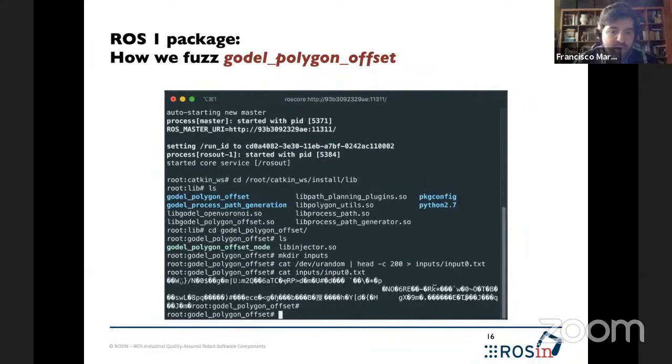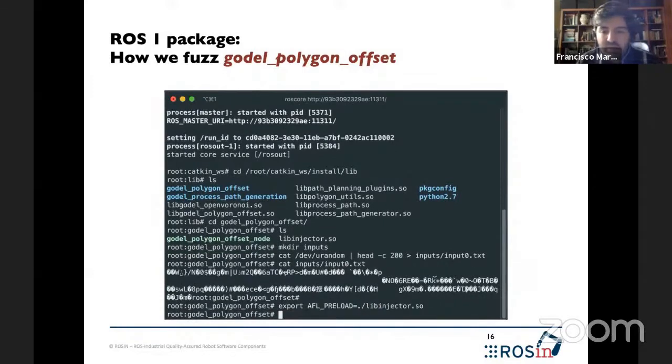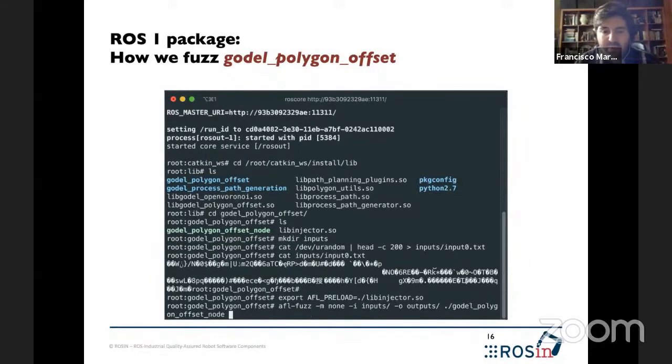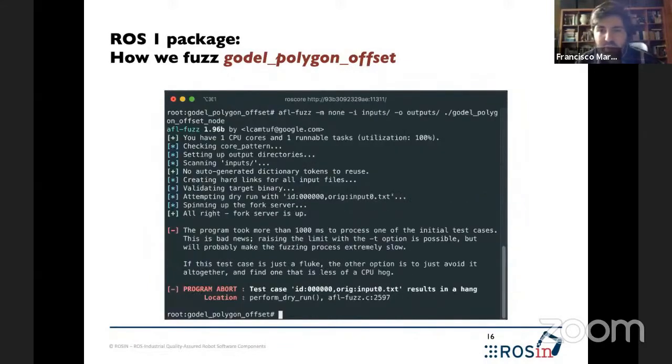The next step is setting one of the environment variables that the AFL tool needs, as we will see in the next slide. And I'll present what AFL is really shortly. So as you can see there, we are just putting in some command that works on the input and on the codal polygon. And you can see there, in red, that it is telling us that the test case input0 is hanging the program.